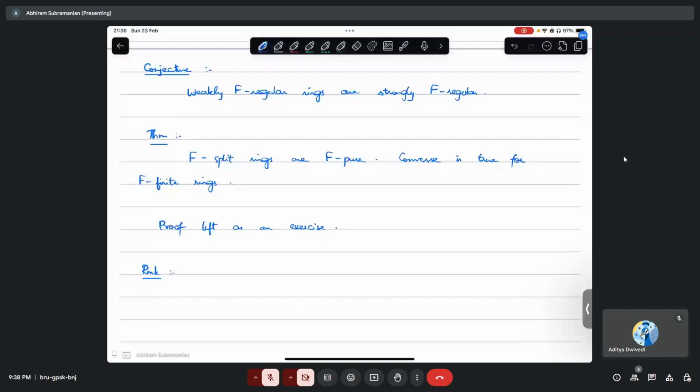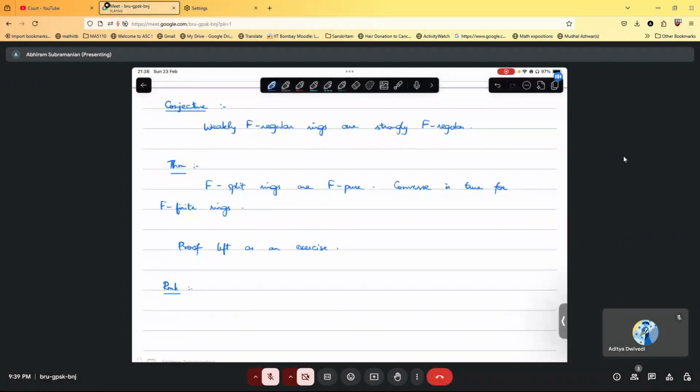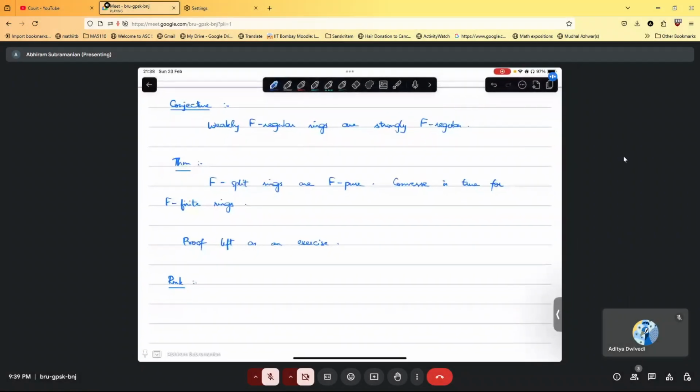So this part is done. This is also done. And F split implies F pure is also done. And F rational if and only if F injective is also obvious from the definition. Let me go to the definition again. Yes.